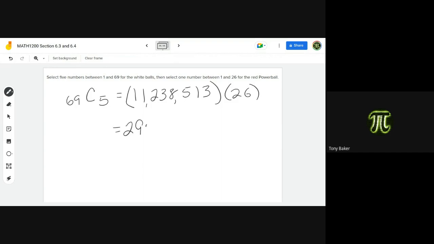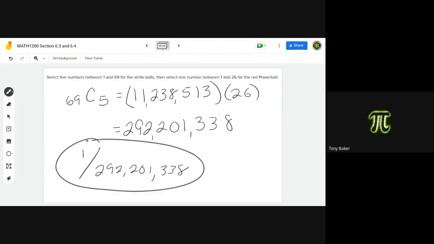So your probability of winning the Powerball is 1 in 292,201,338. There is a chance.